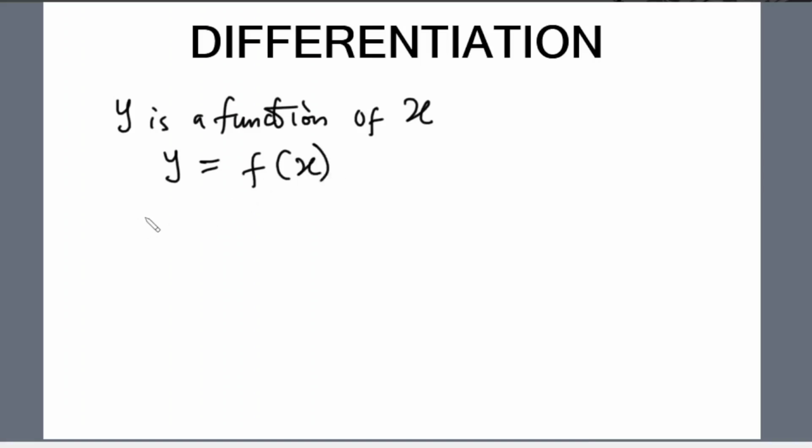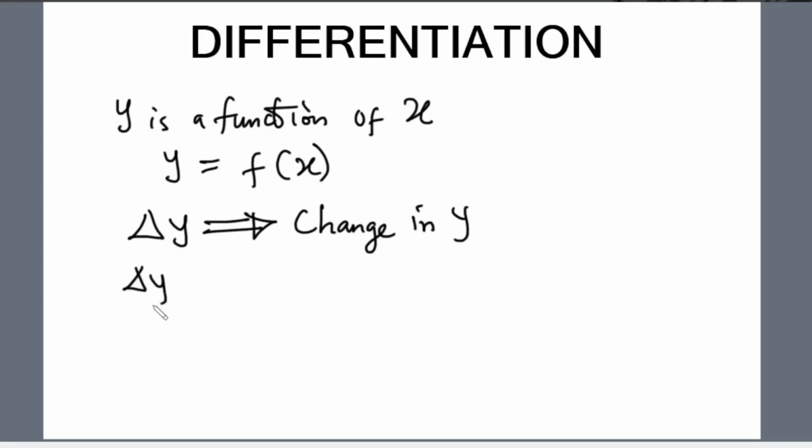Now, whenever you see delta y, it means change in y. And then whenever you see delta y all over delta x, it means change in y with respect to change in x.